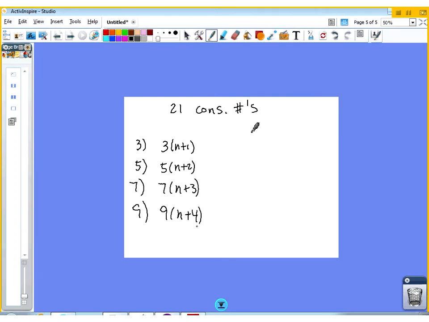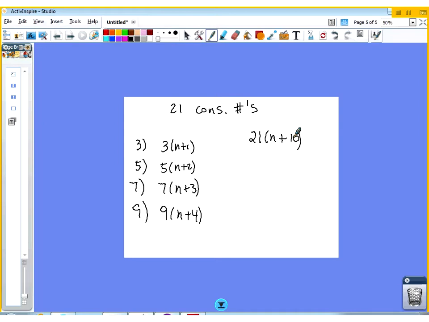So for 21 you're going to have 21n plus 10. So if you can write a number as a sum of 21 consecutive numbers, it has to be a multiple of 21, and it has to start at 21 times 11, right? That's the first one that can be written.